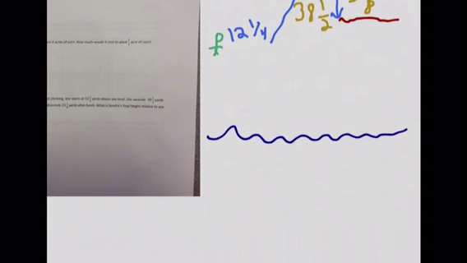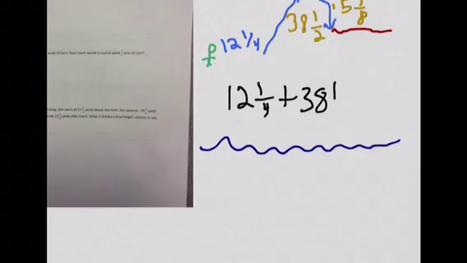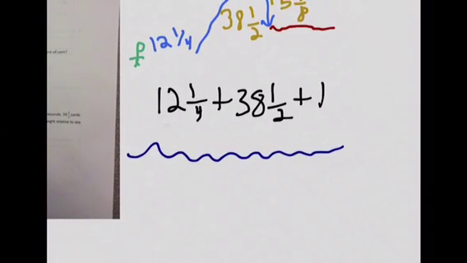Okay, so now I'm going to model this. The equation here would be 12 1/4 plus, because we're ascending, 38 1/2 plus, excuse me, erase, draw, minus 15 1/8.